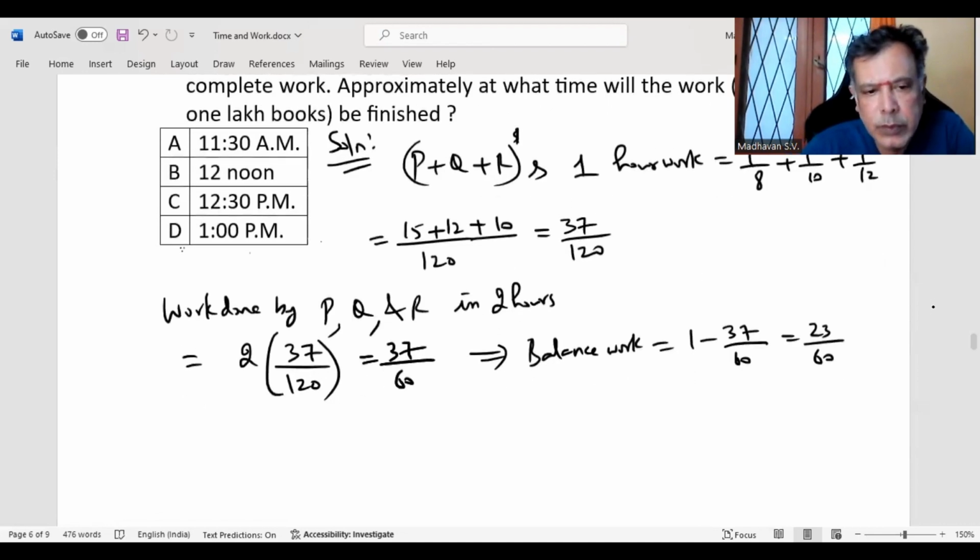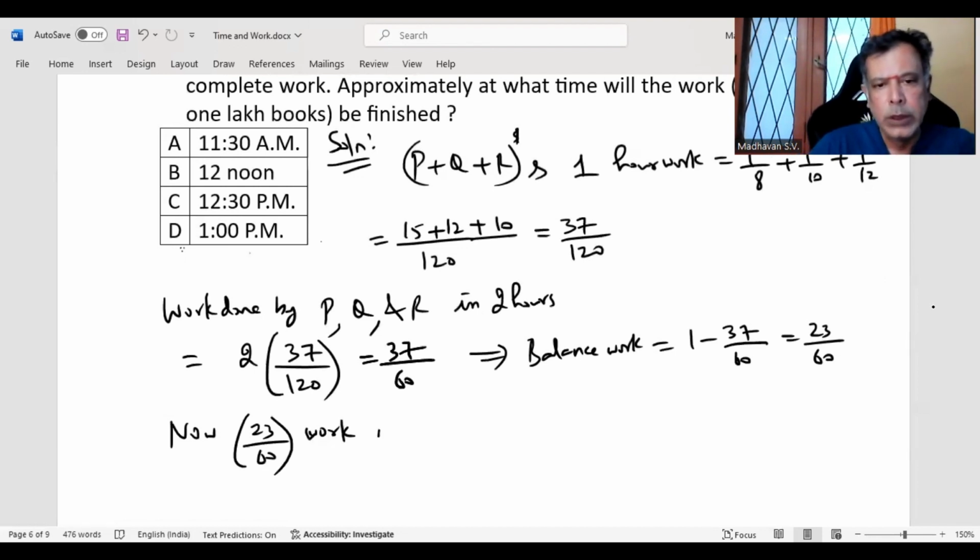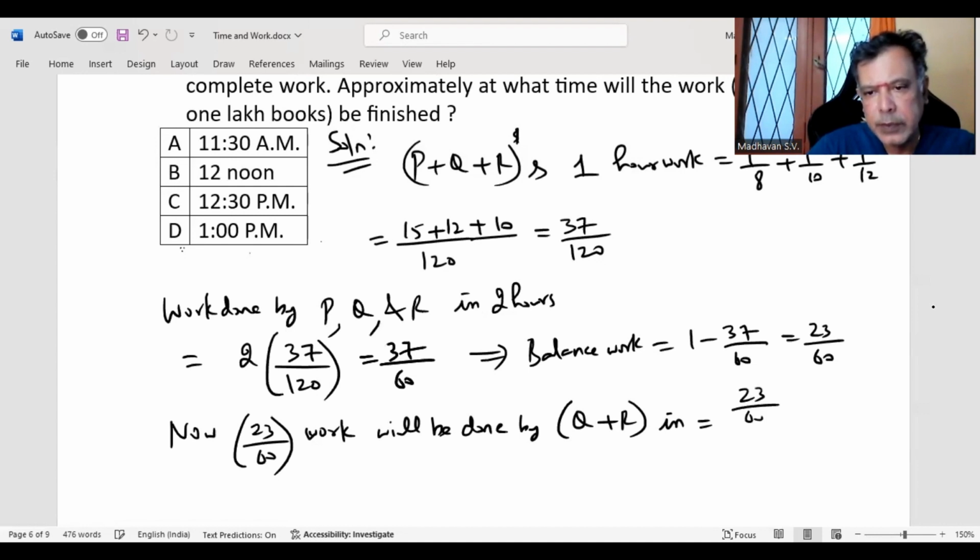Now, 23 by 60th work will be done by Q and R together in how many hours is equal to this 23 by 60 divided by, what do you call that?